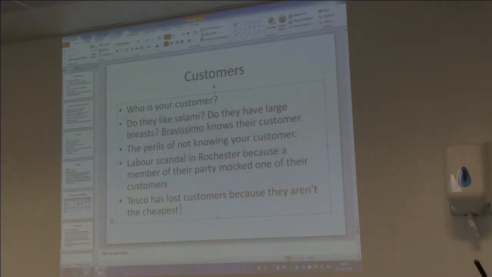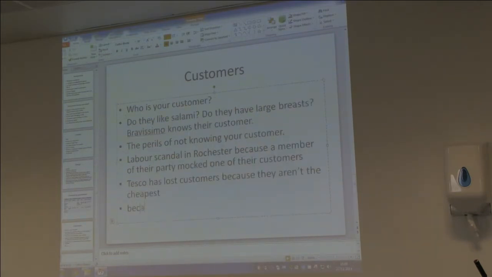So if they were occupying the middle ground, why do they need to be the cheapest? Did they have it right that they were occupying the middle ground, or were they really the discount shop, and now there are more discount shops? Because of the recession, the middle ground has gone down, so they look for cheaper.